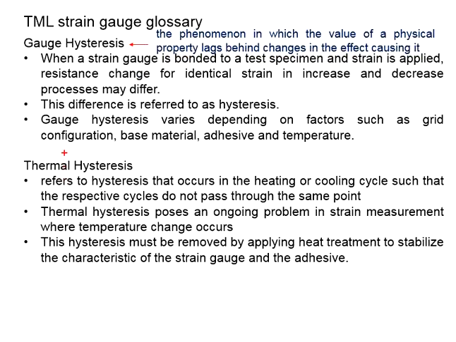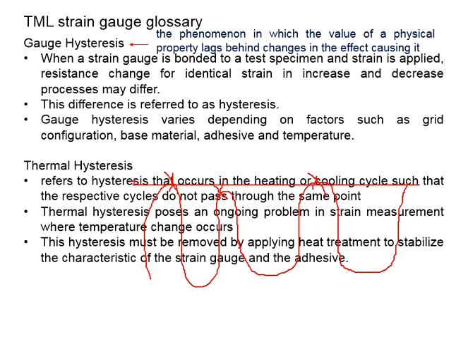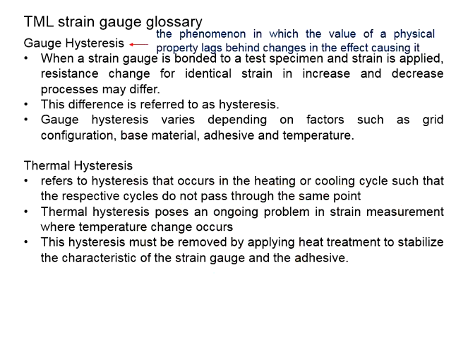However, due to the delay of the readings given by the strain gauge, it might end up that the respective cycles of heating and cooling cannot be fully identified. Let's say now your strain is something like this, but because of the hysteresis, if you only manage to acquire the reading here, it might end up appearing as a constant strain throughout the process.